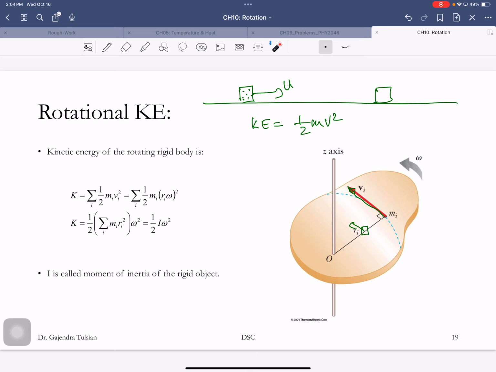We'll give this a new name and call it the moment of inertia. So the moment of inertia is the mass of each little piece times the distance of that piece from the axis of rotation squared.